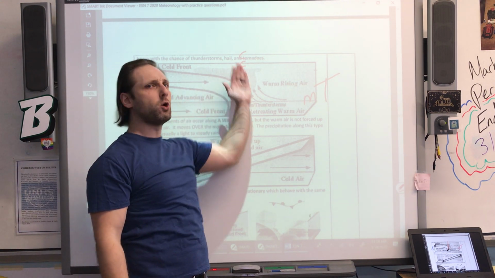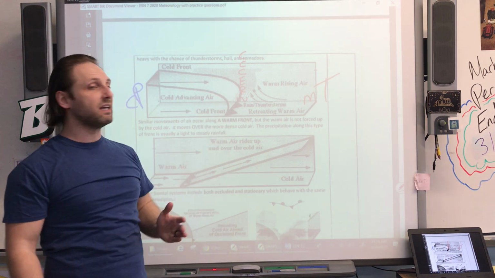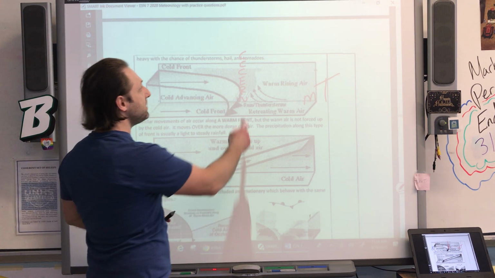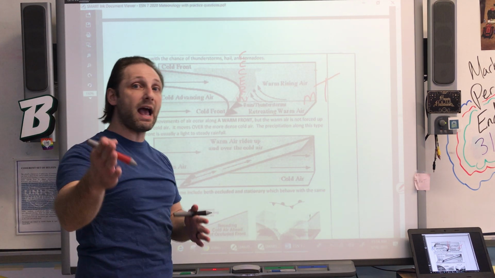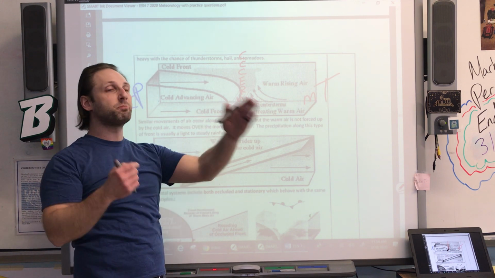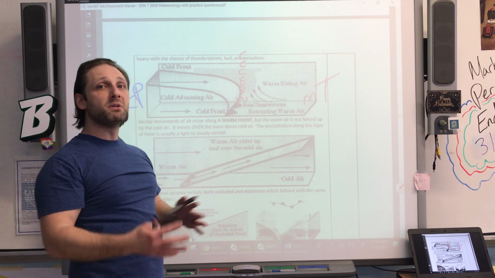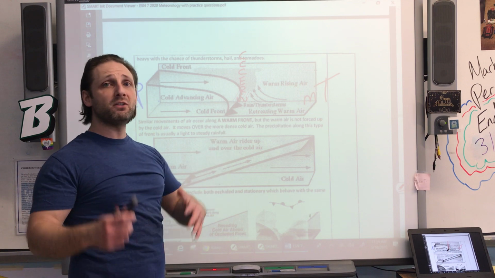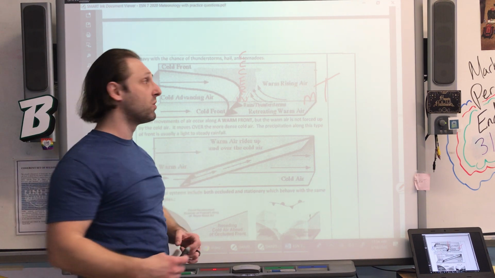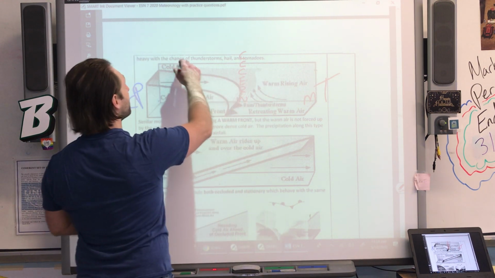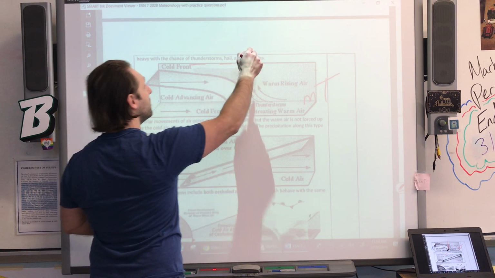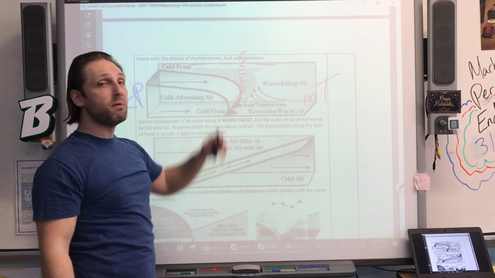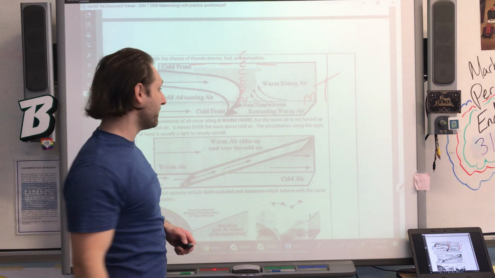The air is moving up very quickly and it's fueling thunderstorms. So these cold fronts are usually what we have to be careful of, especially come springtime, in the summertime. They have the potential to make some very severe storms. So these are the ones where we're going to get thunderstorms, hail, tornadoes. They come out of cold fronts.